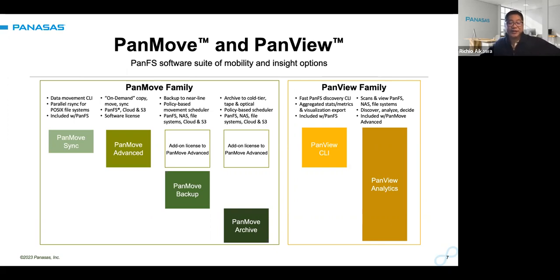Once you have PanMove, you can add on PanMove Backup, which backs up to nearline, a policy-based movement scheduler, and it works with heterogeneous storage products, so other NAS and file system products. The PanMove Archive is a separate add-on to PanMove Advanced. It archives to a cold tier, including tape and optical devices, and it supports heterogeneous environments.